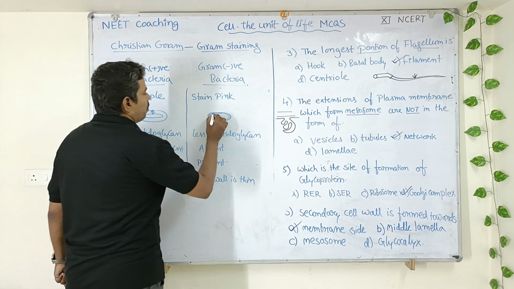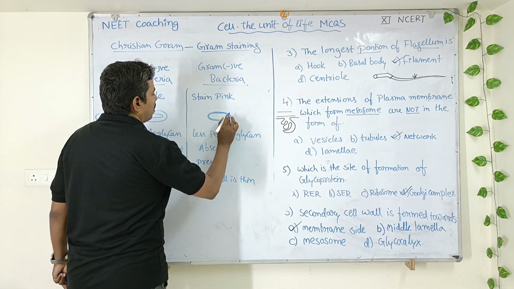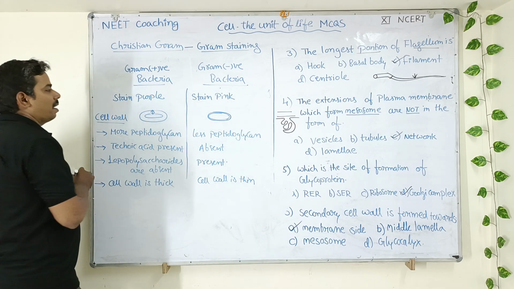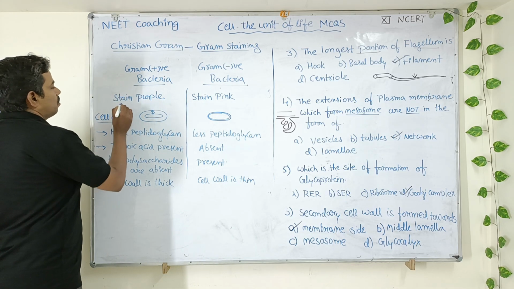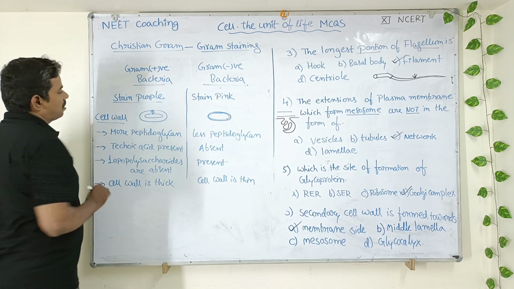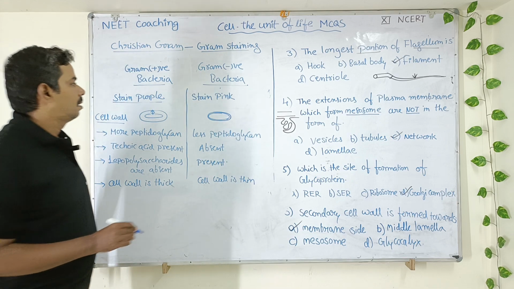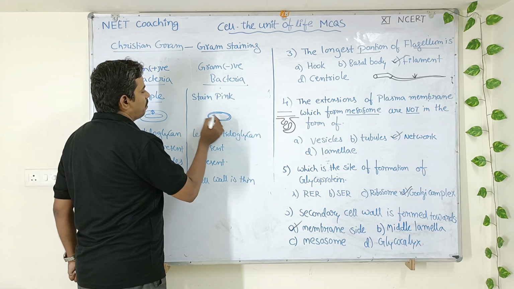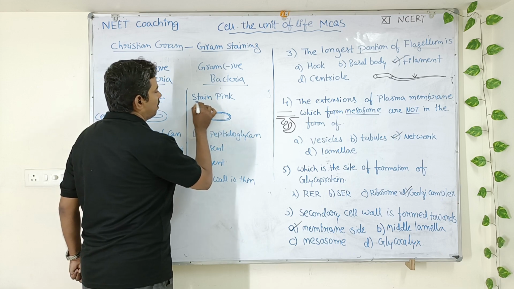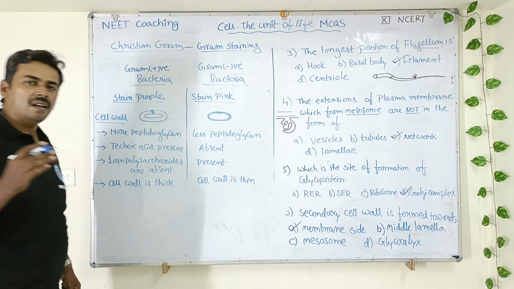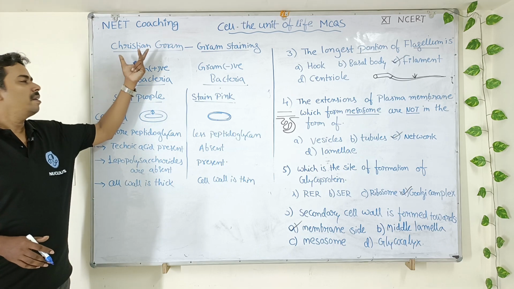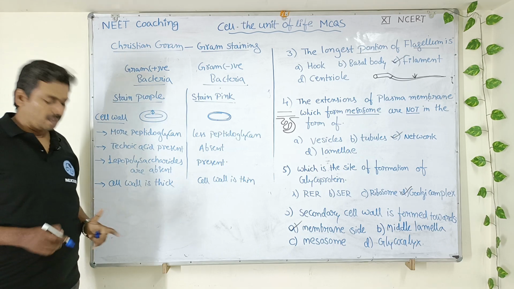Because of the chemical nature of the cell walls, gram-positive bacteria take a purple stain and appear purple, and gram-negative bacteria take a pink stain and appear pink in color under the microscope. So this whole procedure was developed by the scientist Christian Gram.